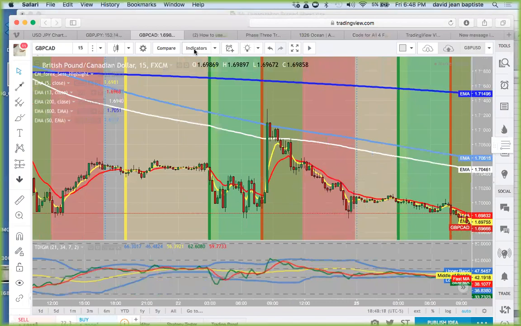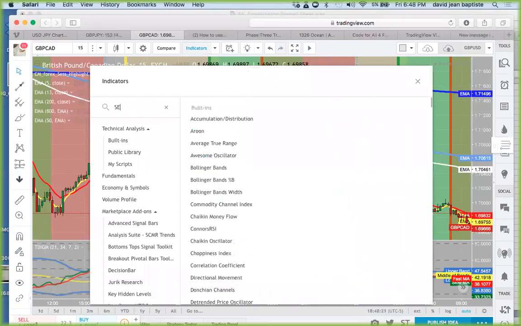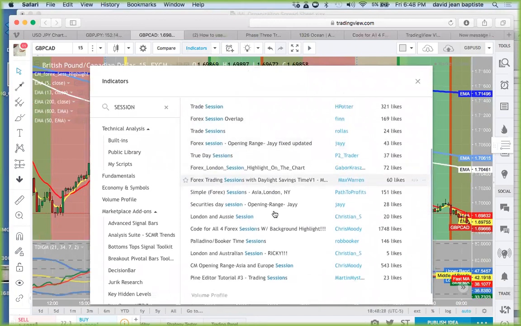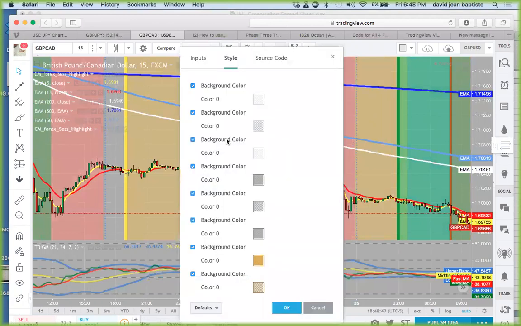All right. So simply you just click on the indicator on TradingView, and you type in session. What you're going to see is you're going to click on the one called all Forex session with background highlights. I'm just going to click it because I totally forgot to explain exactly how you guys are going to do it.